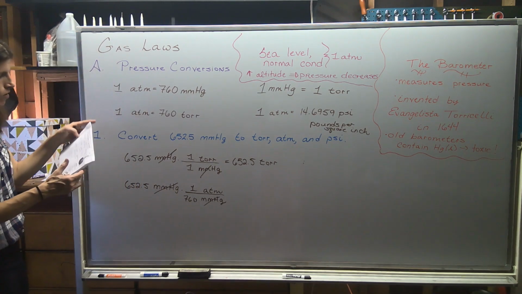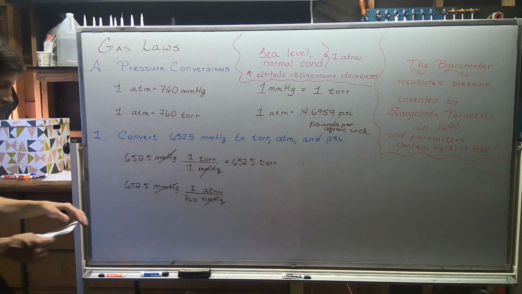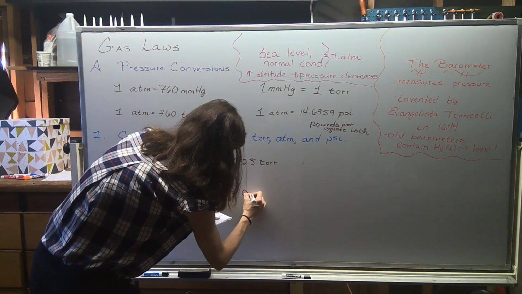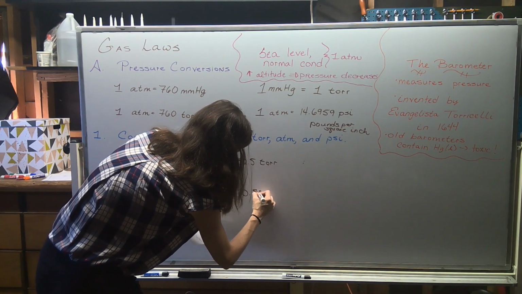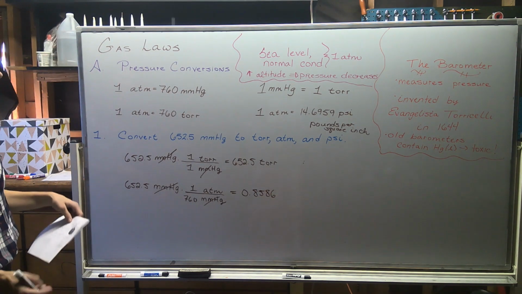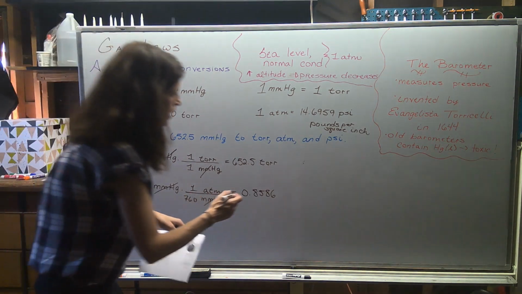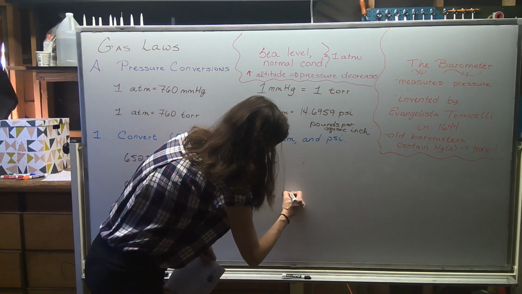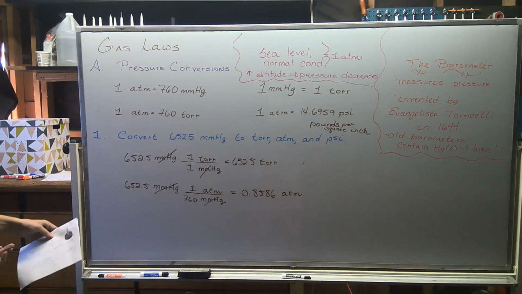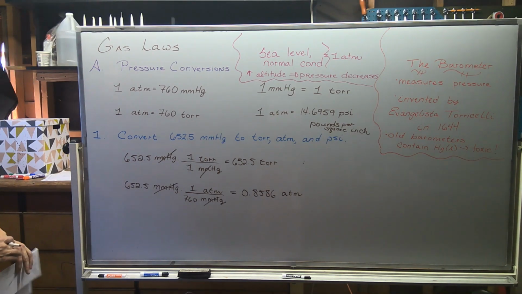So I'm going to take 652.5 and divide it by 760. And when I did that, I got 0.8586. So it's pretty cool to think about that lowest pressure ever in terms of ATM, just to get an idea of how low it actually goes.